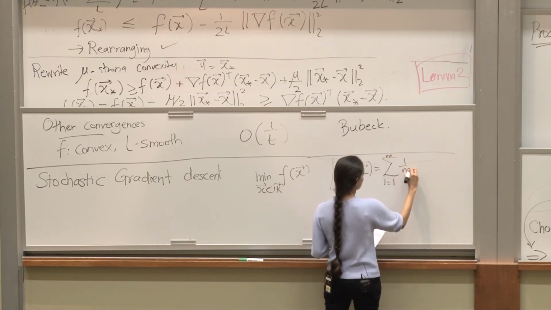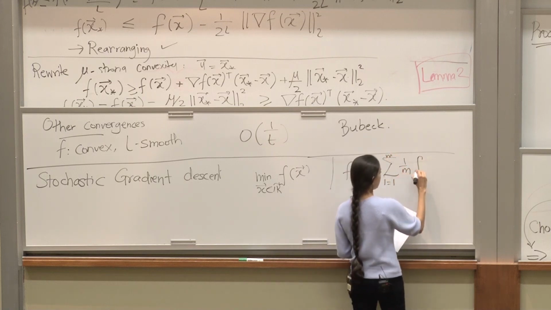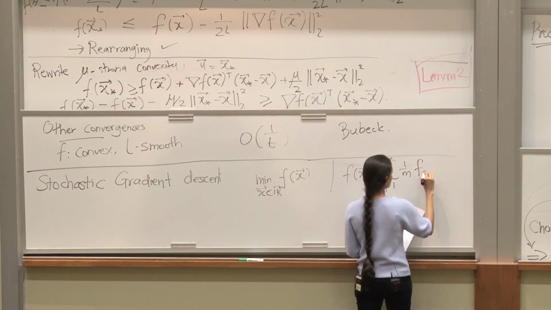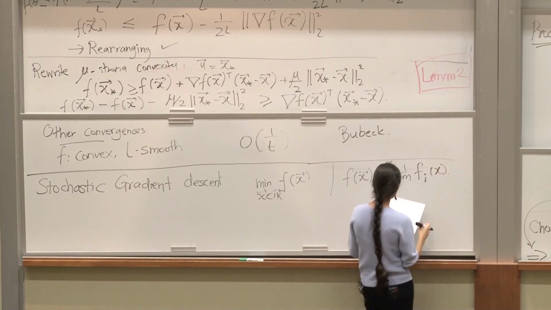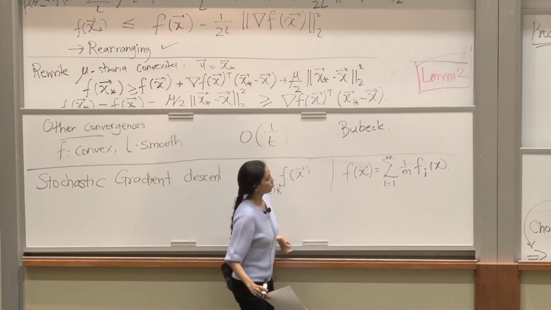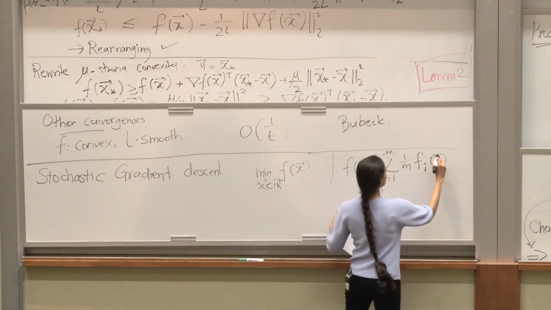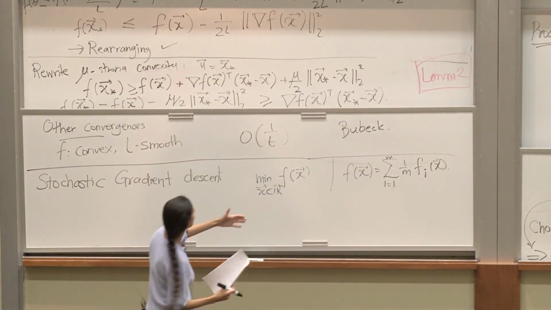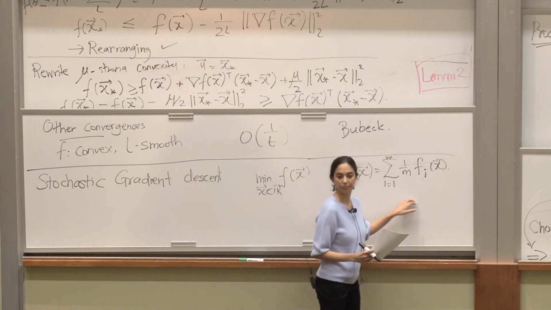It's the average of losses at different points. My function can be thought of as this sum.